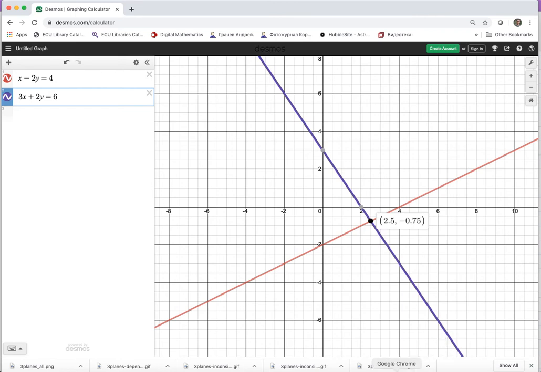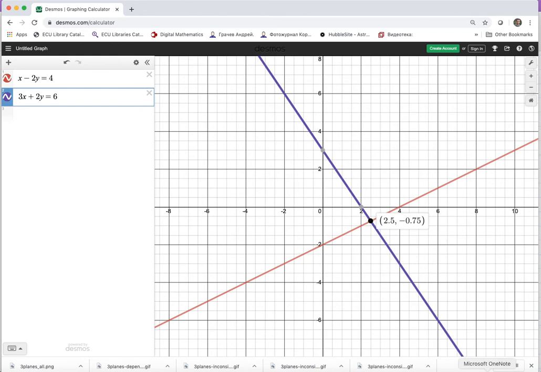Now, let's talk a little bit about the possibilities for a system of two equations with two unknowns, or 2 by 2 system. What are the possibilities in terms of how many solutions the system may have? In this example that we've just gone over, the system has a unique solution, just one solution.